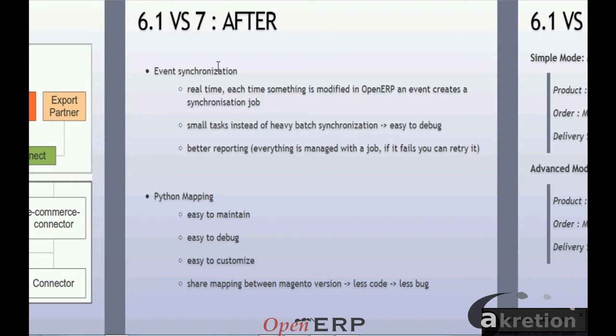So the synchronization is now really easy. You modify something in OpenERP, then there is an event, and the event creates a job. You can see the job, and you can see if the job has been done or if it has failed. And if it has failed, you can retry it. It's always the same thing: you modify something, you have an event, and then you have a job.